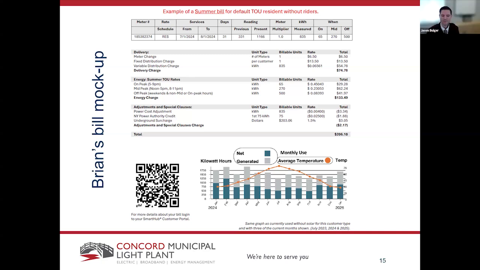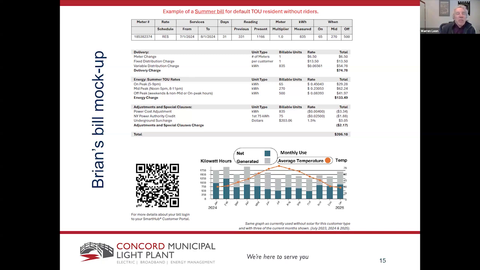All right, are we good? Anything else? So we actually then back to solar. To say, we're clear on what the bill will look like for those customers who don't have solar.